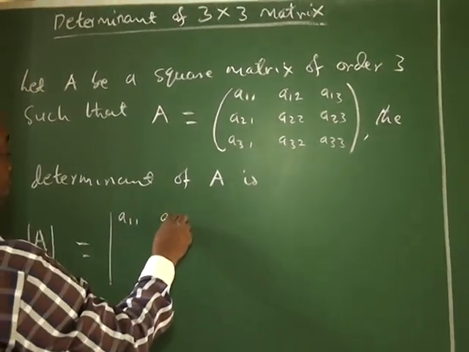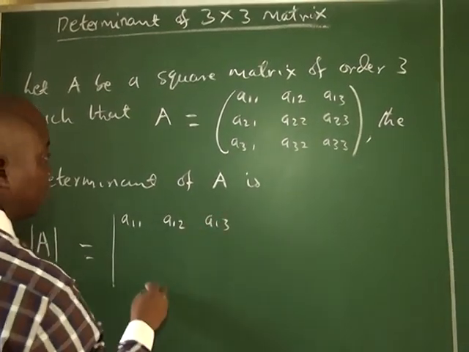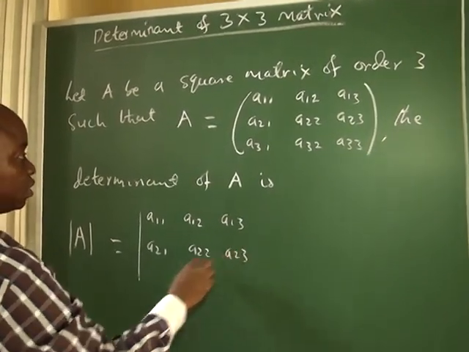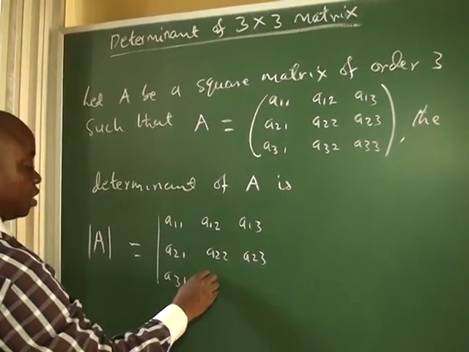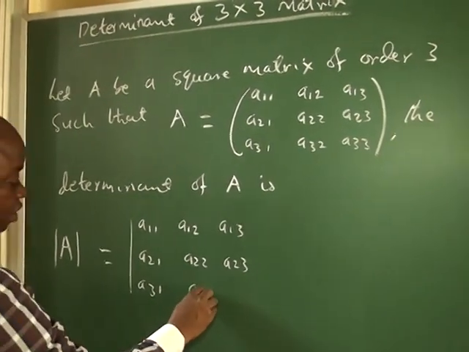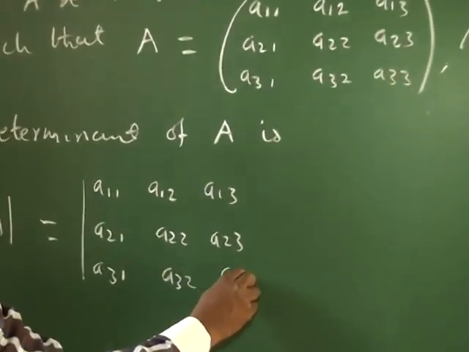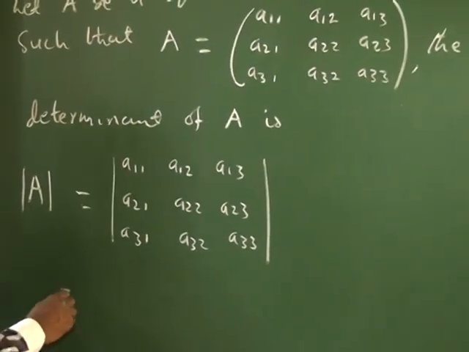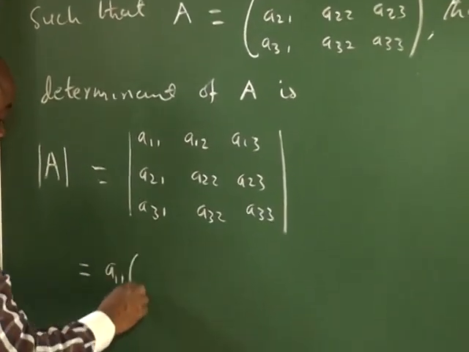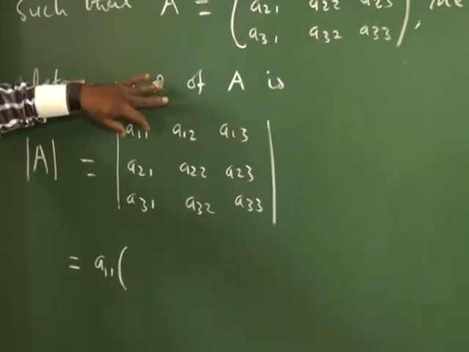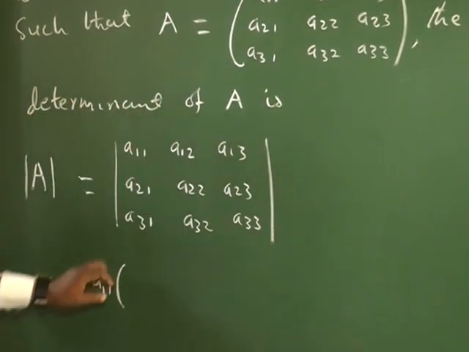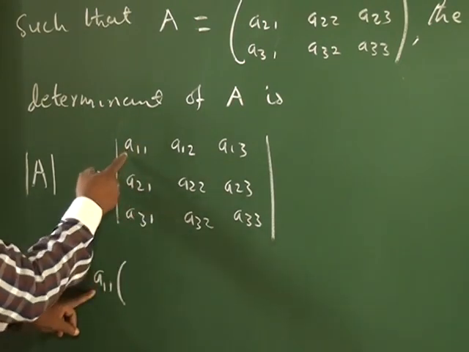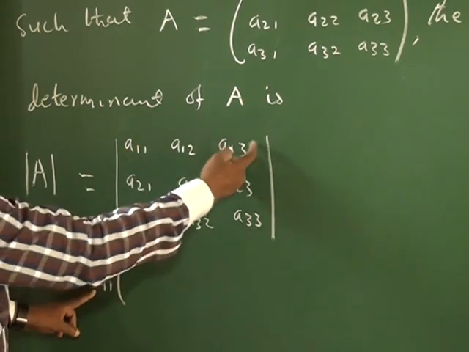A11, A12, A13, A21, A22, A23, A31, A32, A33, which is equal to A11. Now see, here we pick this first element out and we ignore the elements in the column and also the elements in the row.